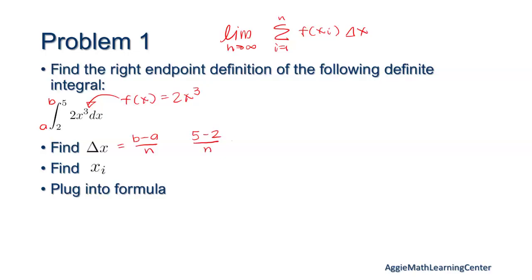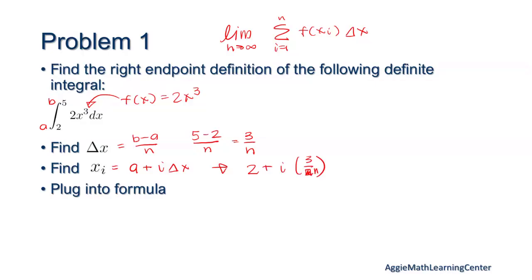So I'm going to get 3 over n. And now my x sub i, if I'm remembering right, is a plus i delta x. So a was 2, plus i times delta x, 3 over n. Good job.